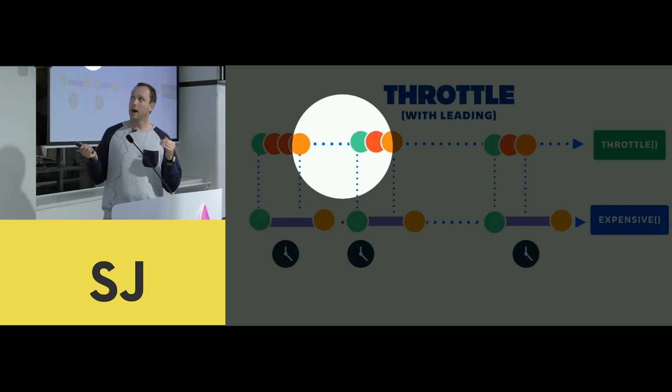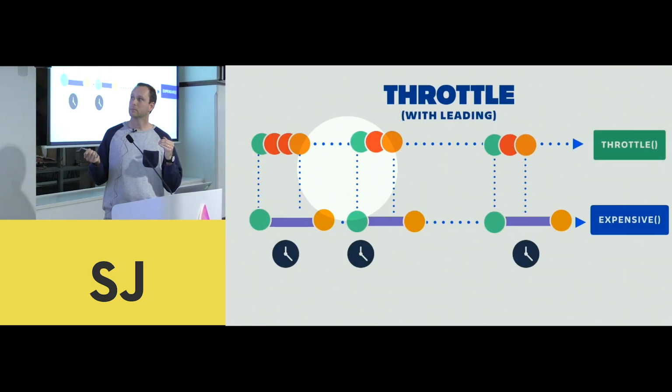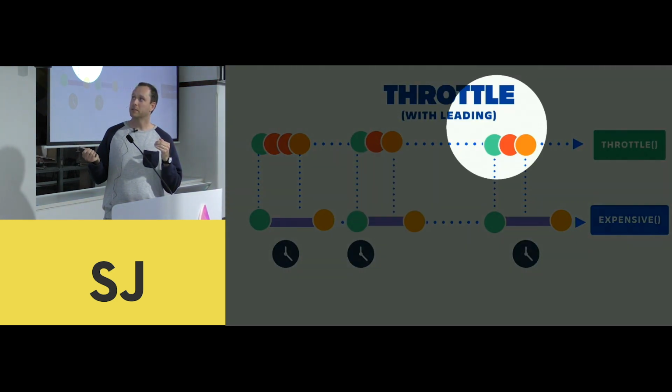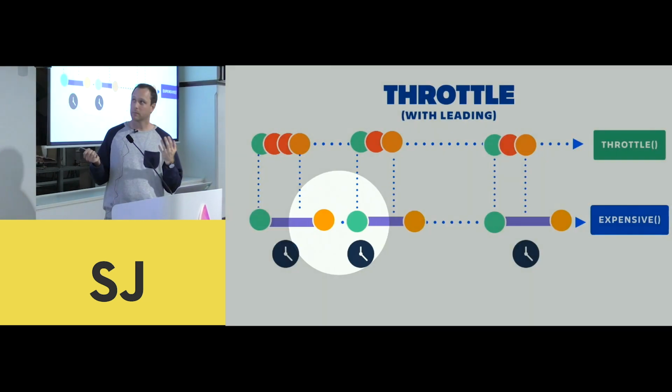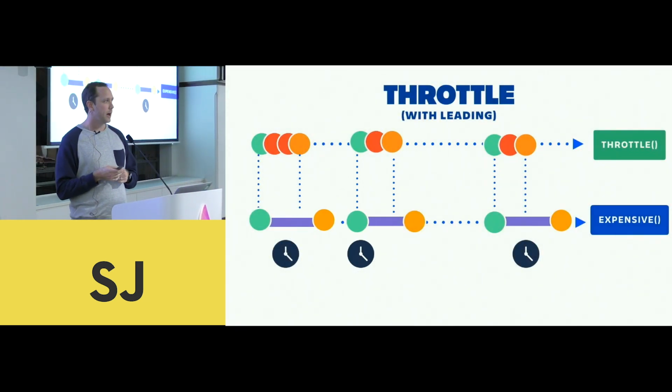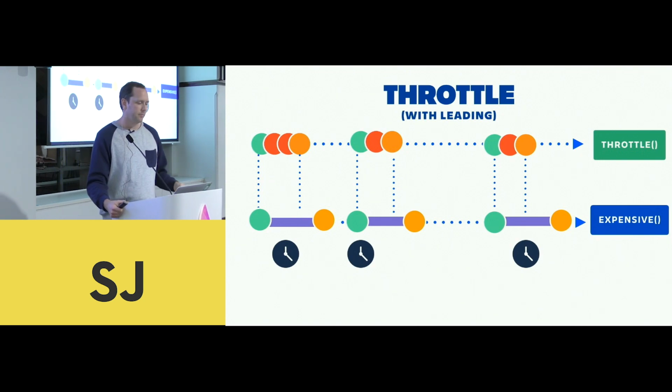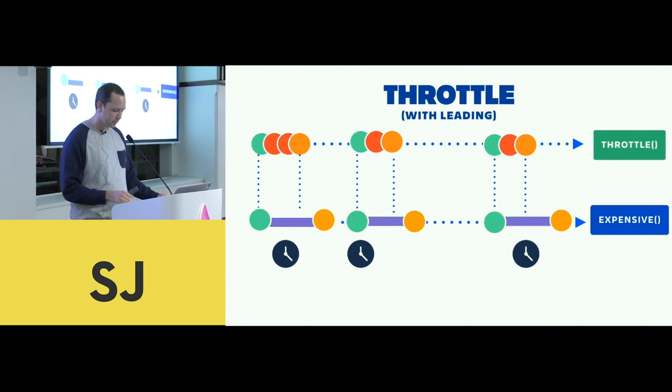So it's very similar to that last one, except we have these green events now. Where if there's no timer running, so in this case there was no timer running, that call happens straight away. That's the default in Lodash. You can turn it off, I think, with an option and say leading false. But yeah, that's sort of a variant on that as well.